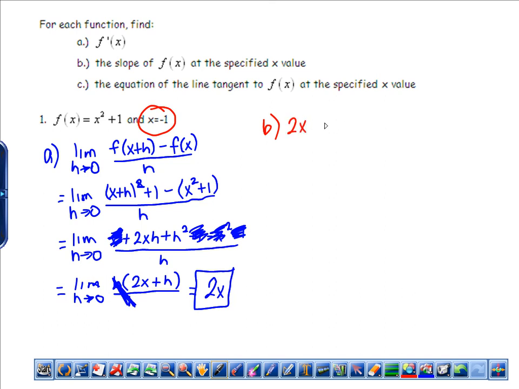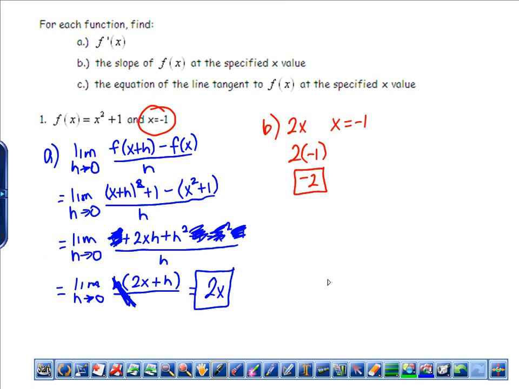So we have 2x and we have x equals -1. Let's combine these two. This would be 2 times -1, which is just -2. That is the derivative of the tangent line at x equals -1. So if I were to draw this parabola, locate x equals -1, and draw the tangent line, the slope of that tangent line would be -2.